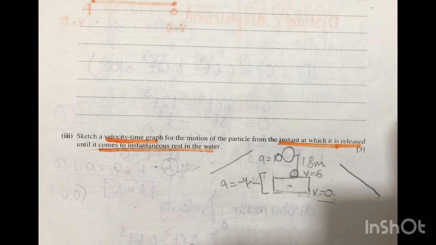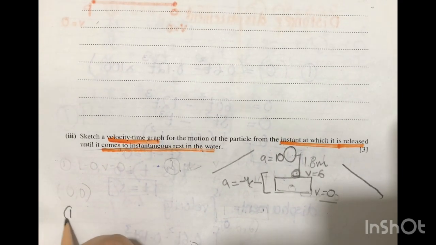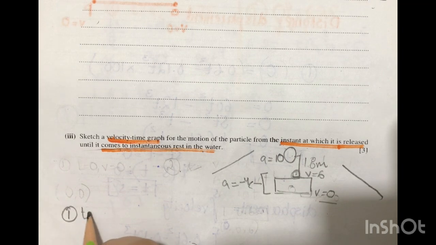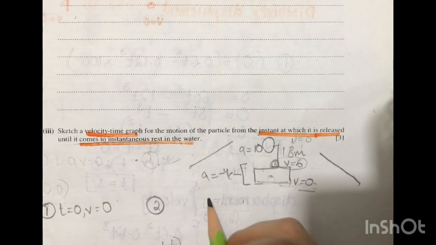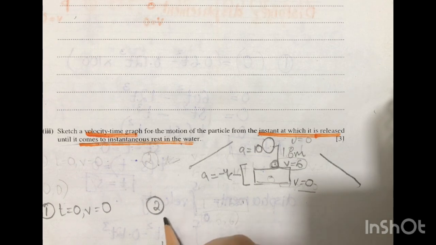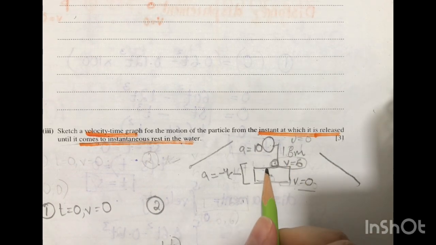So let's find out the coordinates. Since it was released from rest, we know that when time is 0, velocity is also 0. In part 1 of this question, we found out that the final velocity of the particle is 6 when it reaches the surface of the water.